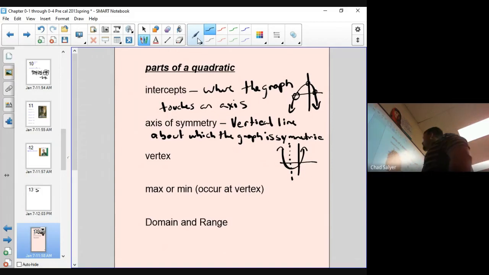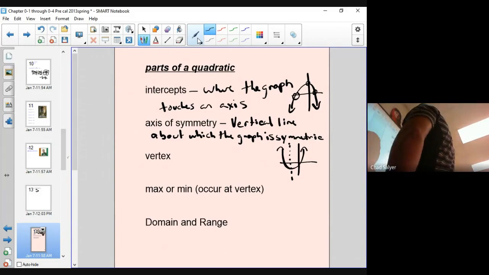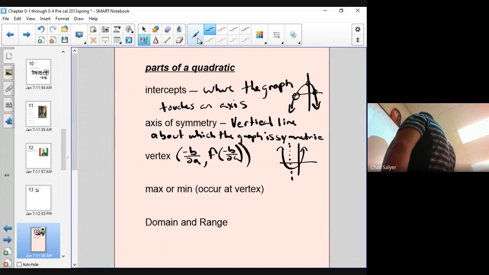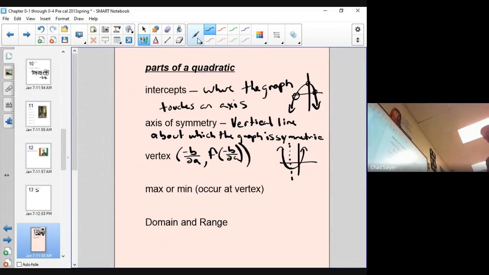So a vertex is going to occur at x equals negative b over 2a, and then the function evaluated at negative b over 2a. Negative b over 2a from the formula ax squared plus bx plus c is the x-coordinate of your vertex, and the function evaluated at that x value will be the y-coordinate of your vertex.